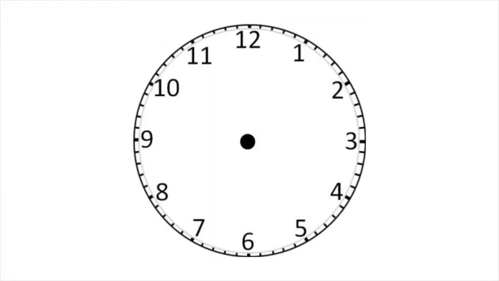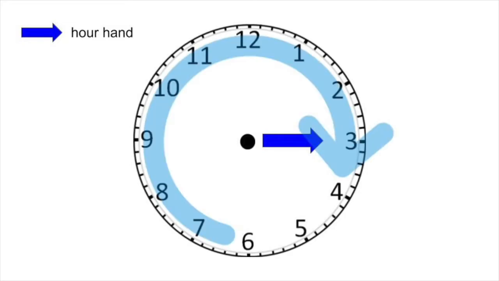This is a clock without anything. It's called a clock face. And now we add this. Do you know the name of this blue arrow thingy? It's called an hour hand because it shows us the hours of the day.